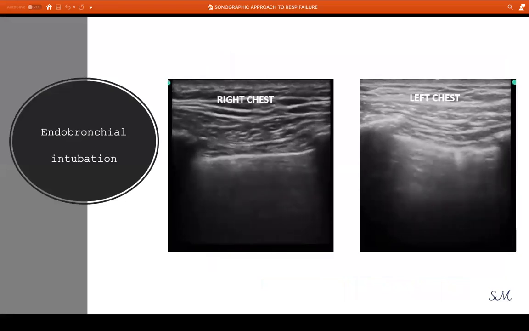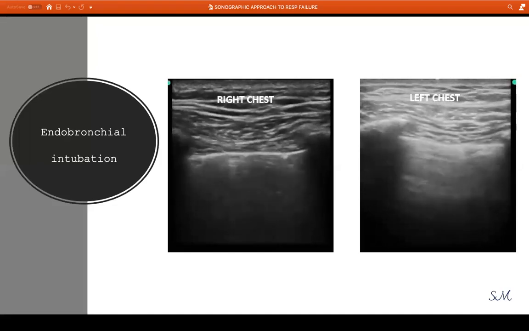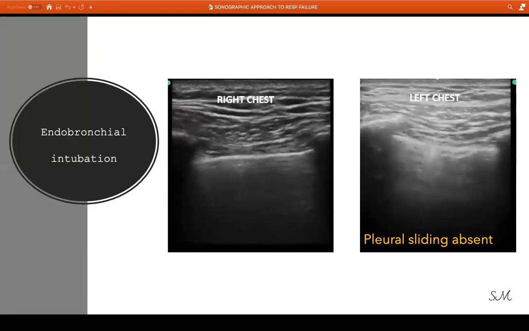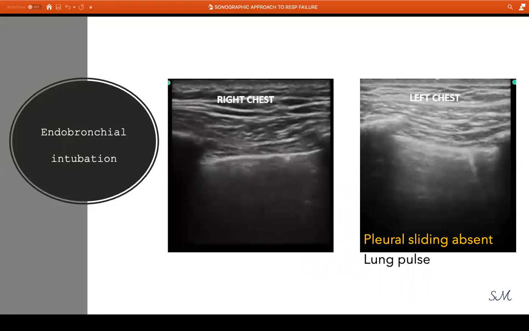On the left side, here you can appreciate an undulating movement at the pleural level, but the rate of this movement is much higher compared to the respiratory rate. The conventional pleural sliding, which is present in the right side of the chest, is absent. This is called lung pulse.